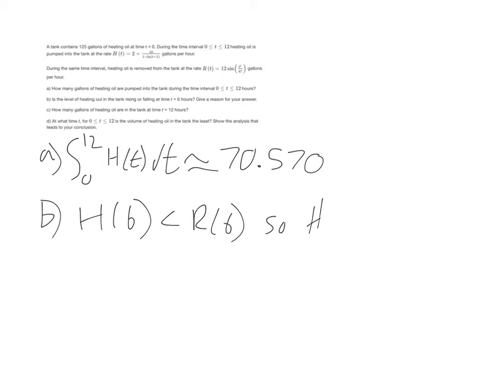So the level of oil is falling. And there's a couple ways you could actually determine that. One is to graph them both, just see which one is bigger, which one is smaller. You could subtract h of 6 minus r of 6, see do you get a positive or a negative answer. I think those would be the 2 most common ways to do that.